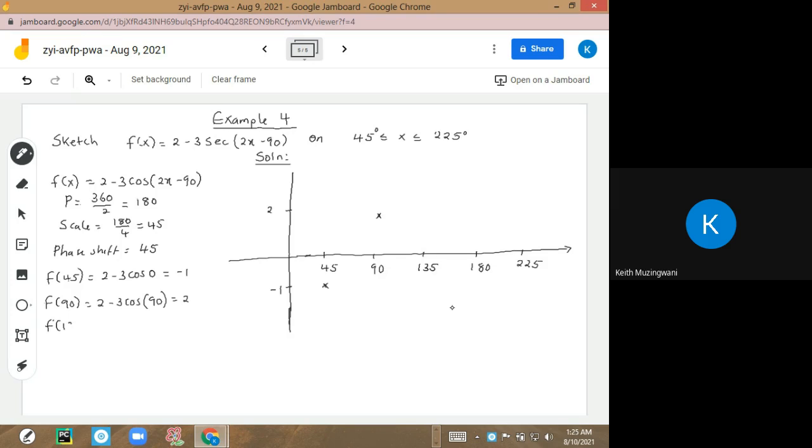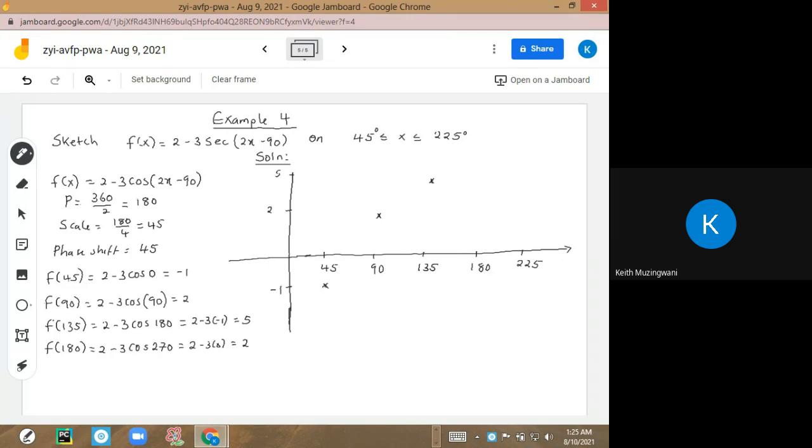What is f of 135? It is 2 minus 3 cos 180. Cos 180 is -1, so we have 2 minus 3 by -1, and this is 5. So we go to 5. Then f of 180 will give us 2 minus 3 cos 270, giving us 2 minus 3 by 0.